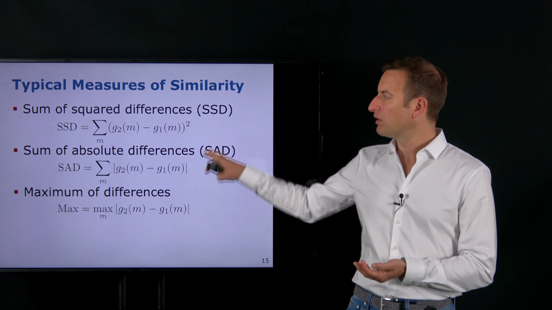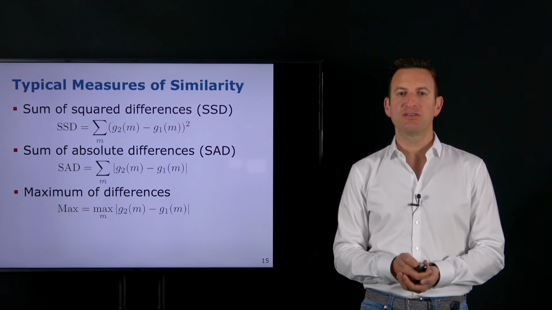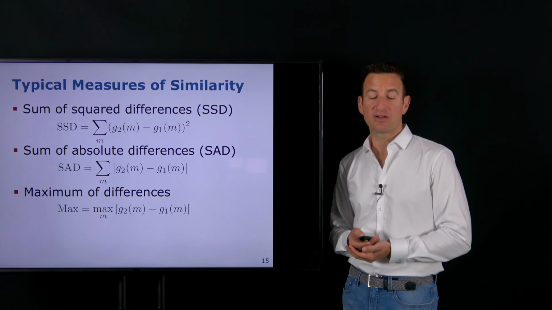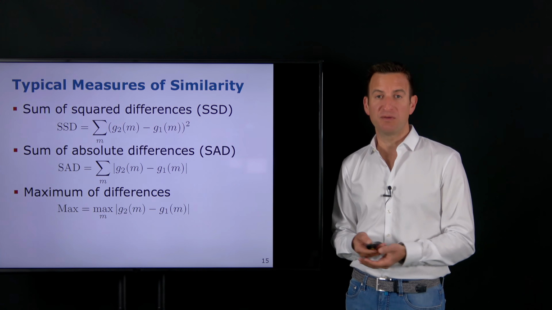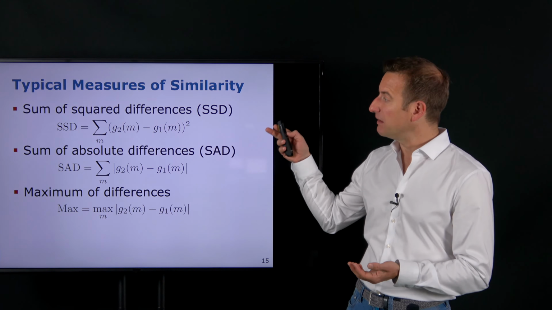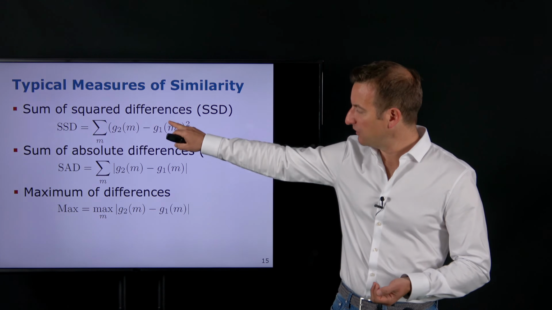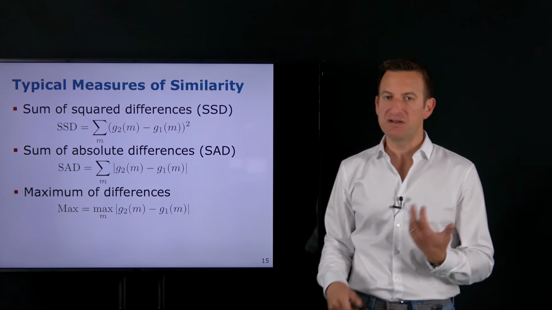But the problem with all those techniques is that they are not invariant under the radiometric transformation that I introduced before. Mainly, if I'm changing the brightness of, let's say, the image and not the template, this will lead to a different cost.